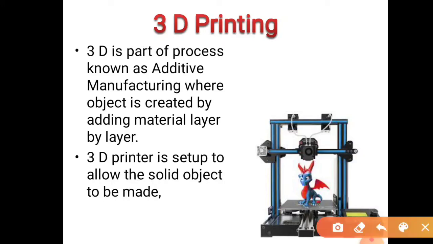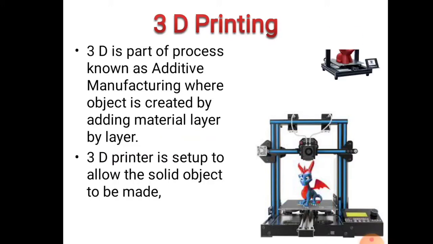Layer by layer the different materials are used, and from that we can create different objects and logos. So these are all used for hard copy, that means printers, plotters, 3D printing. All these give hard copy.